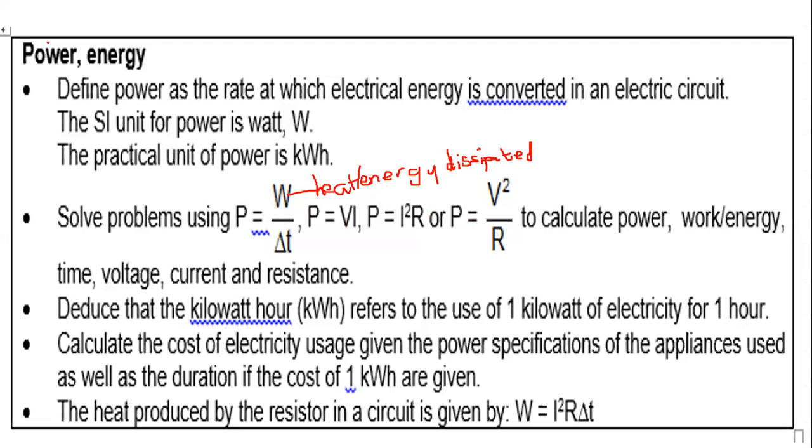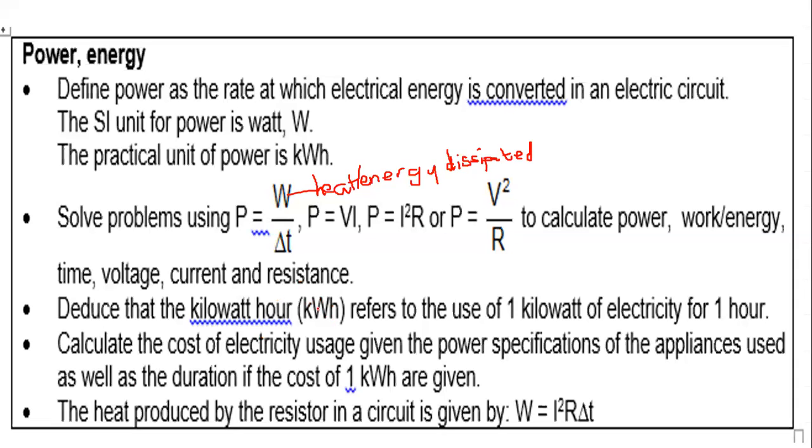So we must also deduce that the kilowatt hour refers to the use of 1 kilowatt of electricity for a period of 1 hour. So this is what we talk about. Remember, a kilowatt hour is a practical unit of power. So be able to deal with that.